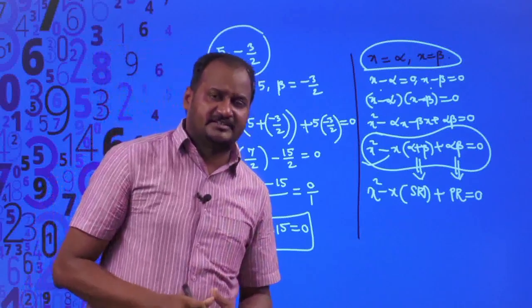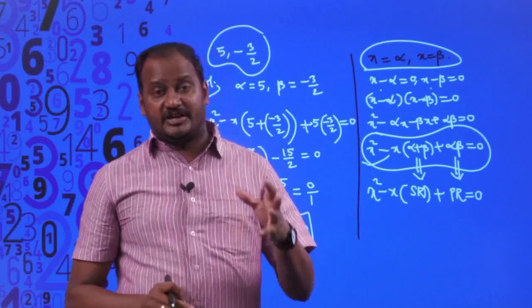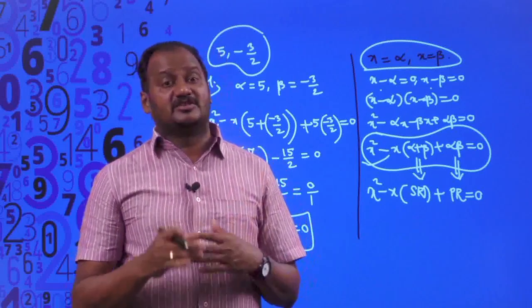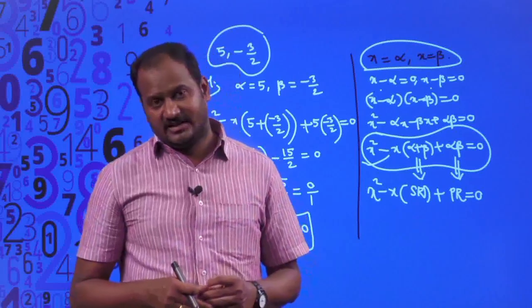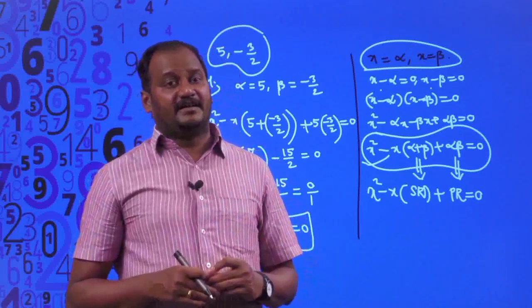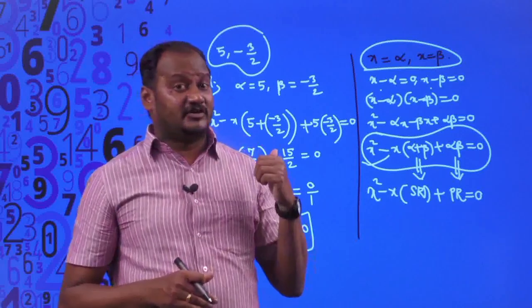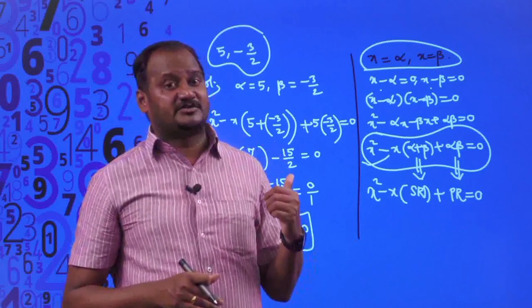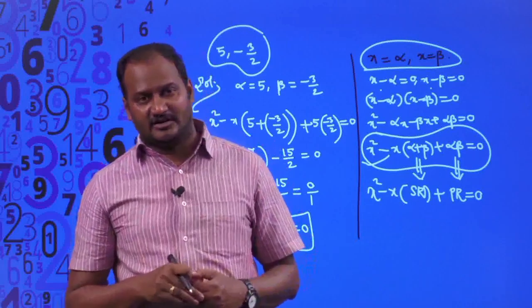So till now what we discussed: when the quadratic equation is given, we have to check whether it can be solved by the splitting middle term method or factorization method. If it is not possible, then there must be some other way to find the roots. That other way was finding roots by using the quadratic formula, which we also derived.